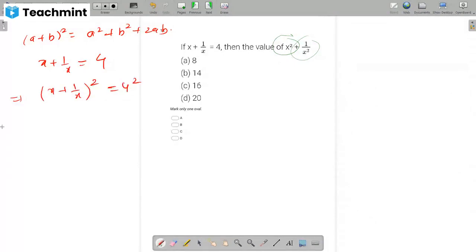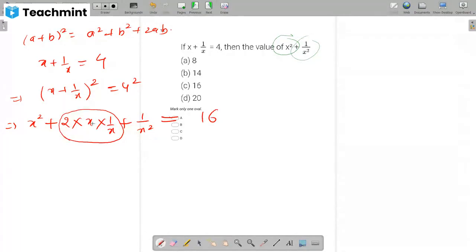Okay, so when we square both sides, in LHS we get a square, meaning x square, plus 2ab, where a is x and b is 1 by x, plus b square, meaning 1 by x square, equals 4 square, which is 16. Now see this one, it's a single term where we have x and 1 by x, so we can cancel this x and 1 by x.